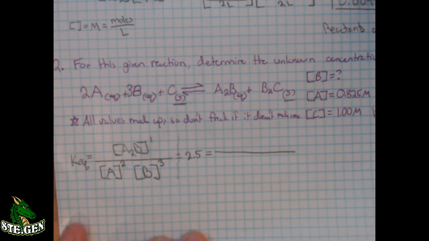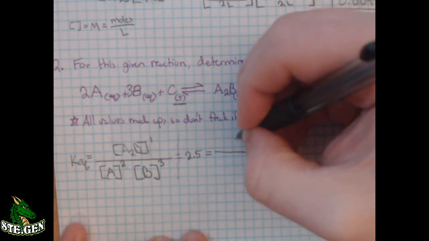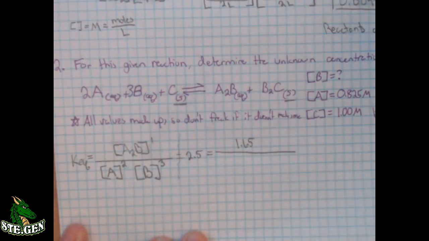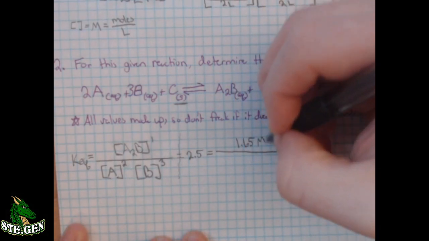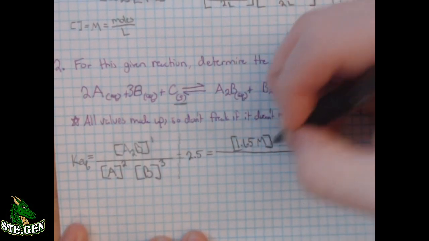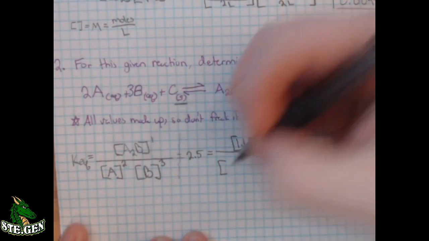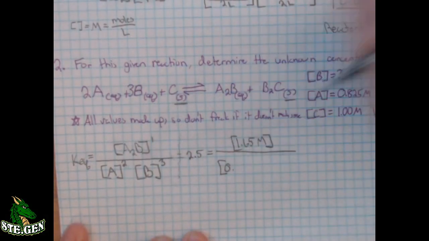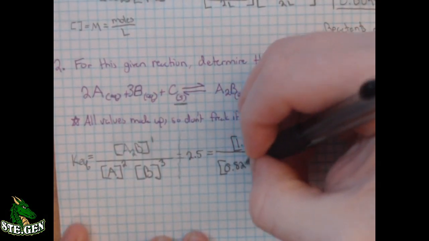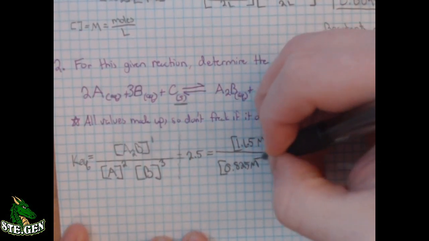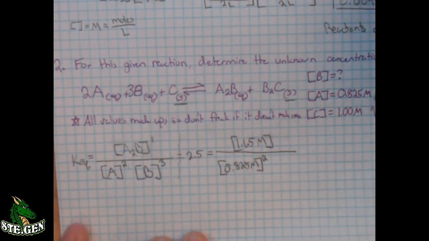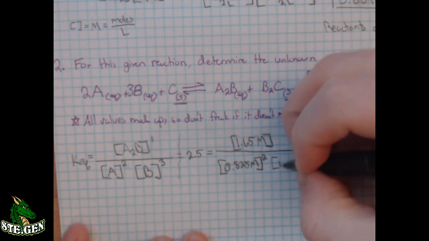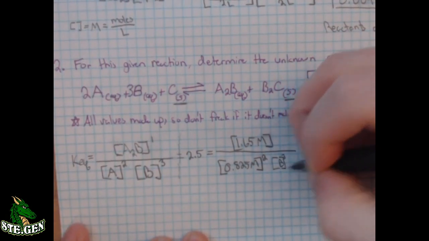So our A2B is going to be 1.65. Our A squared is going to be 0.825 molar, that's squared. And then our unknown is going to be our B that is cubed here.